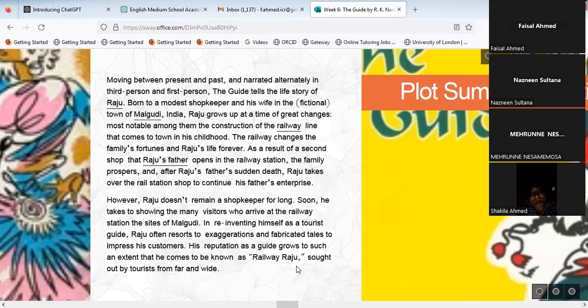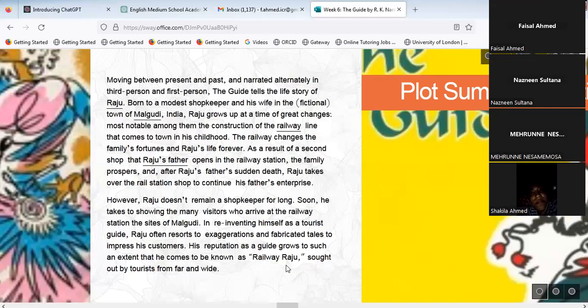So he sometimes actually lies and makes up stories to fascinate and attract tourists towards him, so that tourists become very fascinated and attracted to him through his magnificent mystic story.